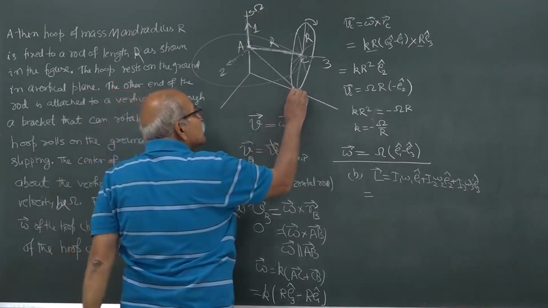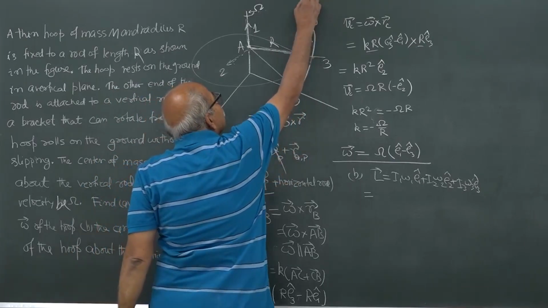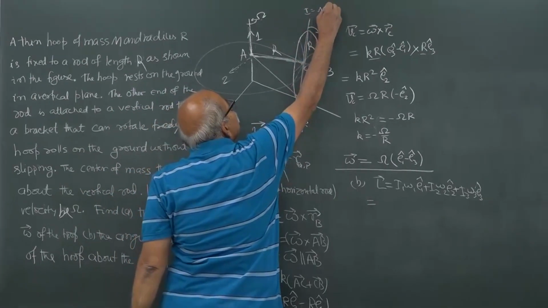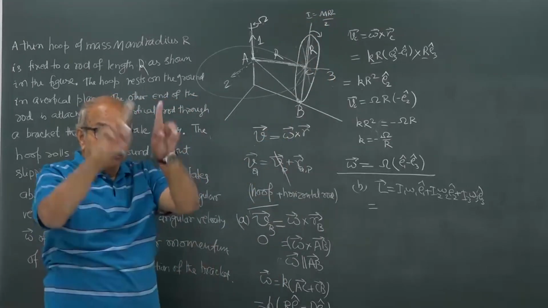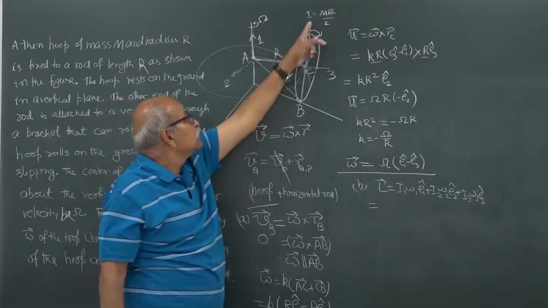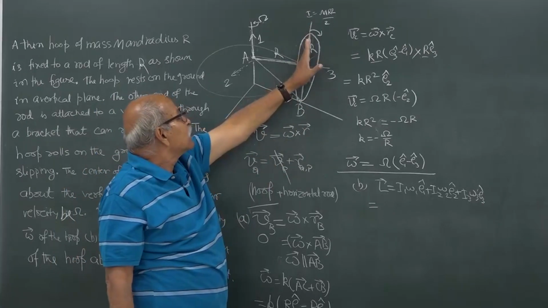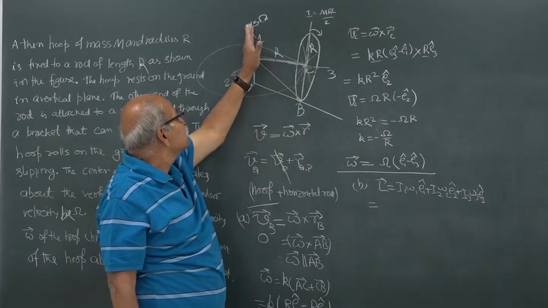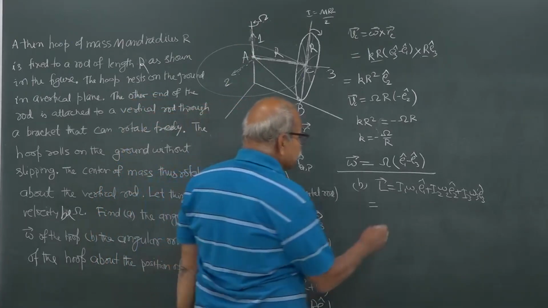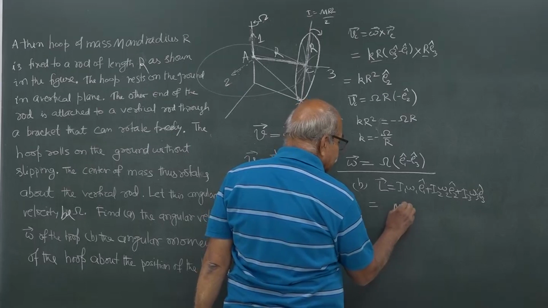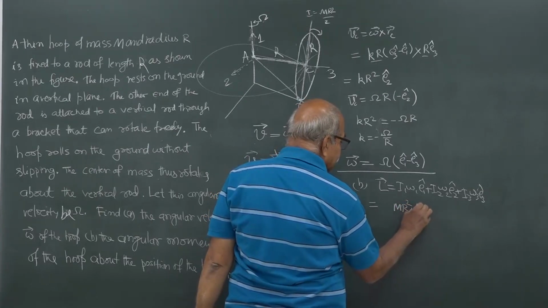So, about this diameter, the moment of inertia will be m r square by 2. Okay, it is a hoop, ring. So, about this diameter it is this, then the parallel axis theorem gives the moment of inertia about this, and I1 will be m r square plus m r square by 2.